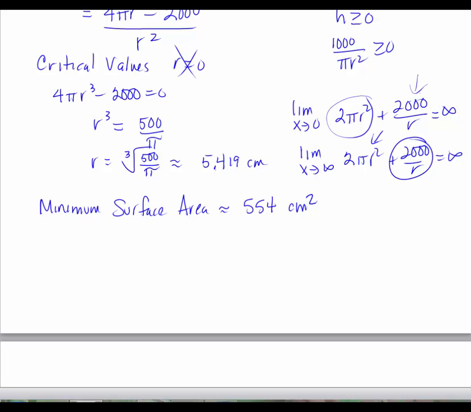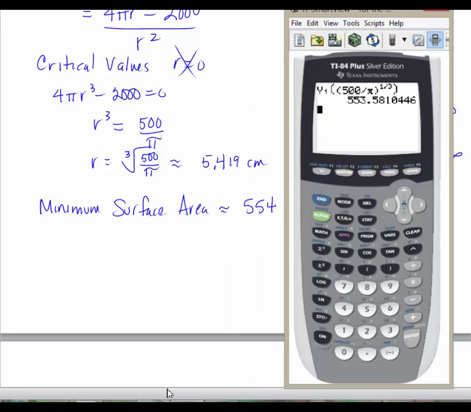Now I still think it's a good idea to graph the function. Since we know what the absolute min is, and we also know where it occurs, when we go to choose our window, we could go, let's say, from 0 to 10 on the x, since my min is occurring at around 5. For my y, I could go from 0 to maybe 600 or 700, a little bit beyond.